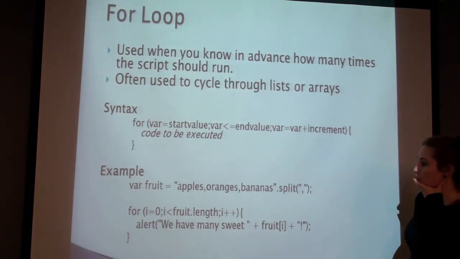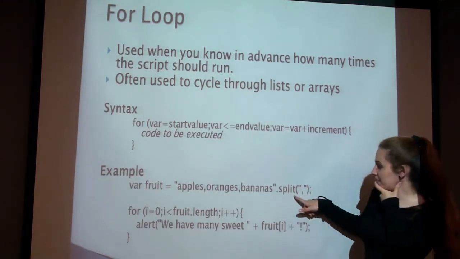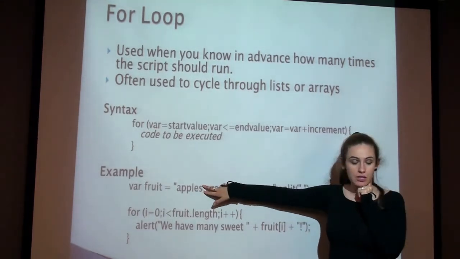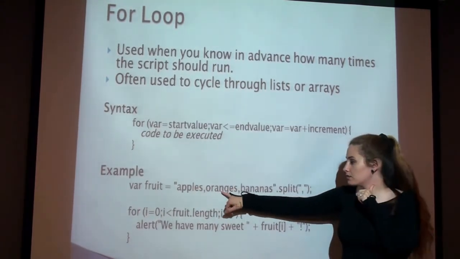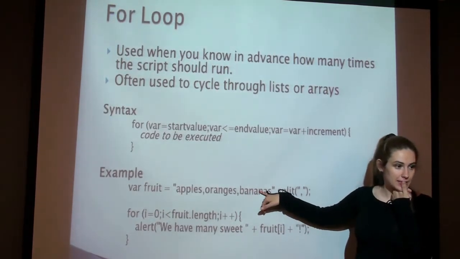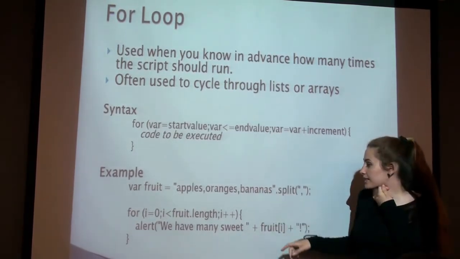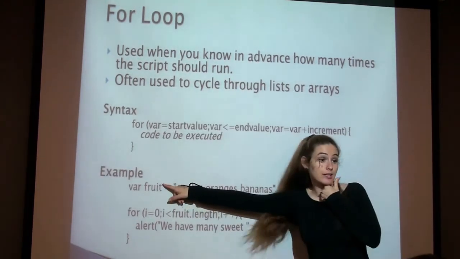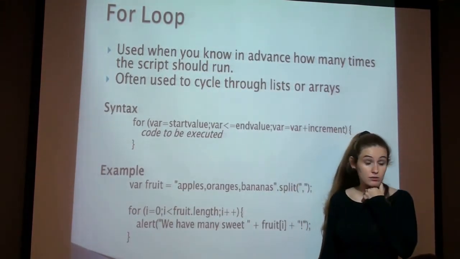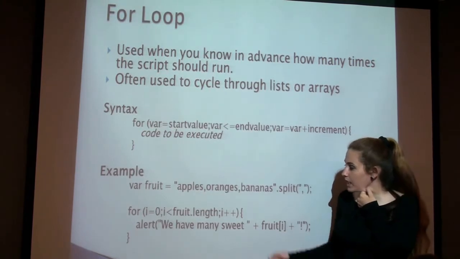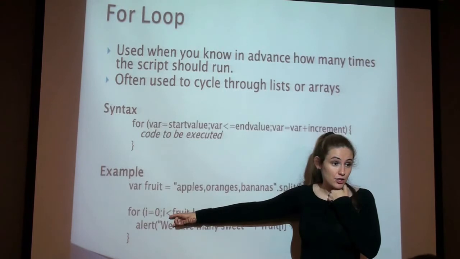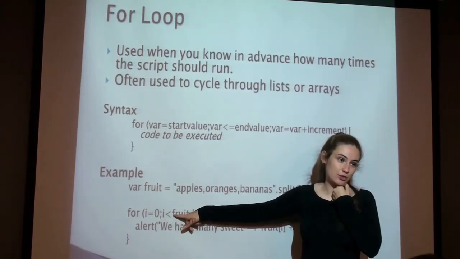Okay, so we are splitting by comma. That means the commas are going to get removed. That means how many variables are we going to get? 3. And this is going to run for fruit.length. When you ask fruit the length, it's going to say 3. And it's going to start from 0 and go until i is no longer less than 3.